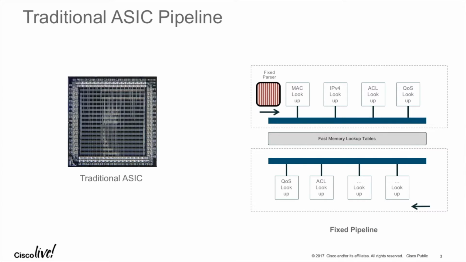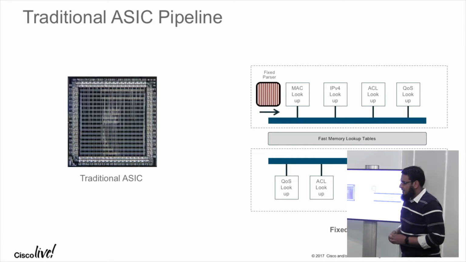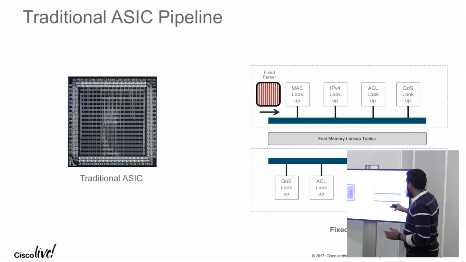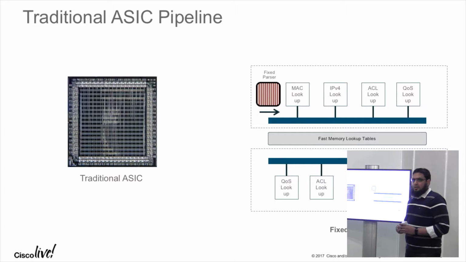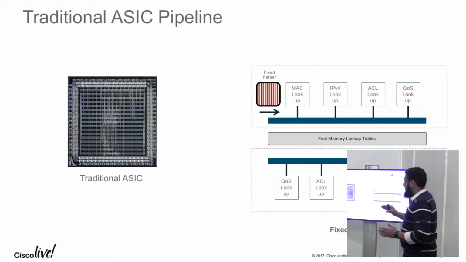Traditionally, though, when we talk about the ASIC, we assume that the ASICs are purpose-built, fixed ASICs. What that means is every ASIC has some kind of processes to do and some kind of pipeline, a parser. Traditionally, these parsers have been fixed. The pipelines have been very, very fixed.